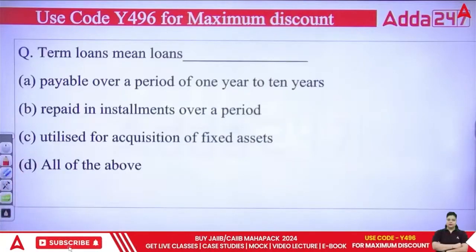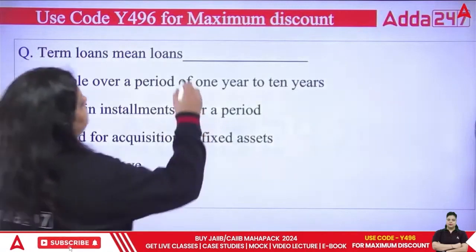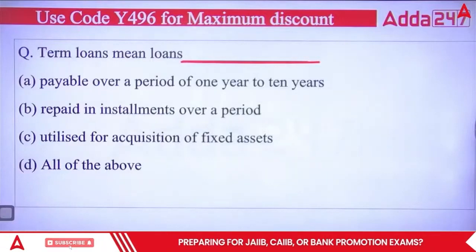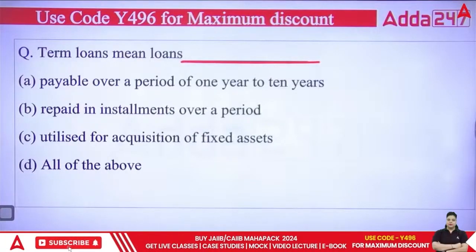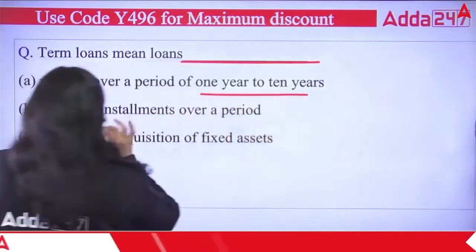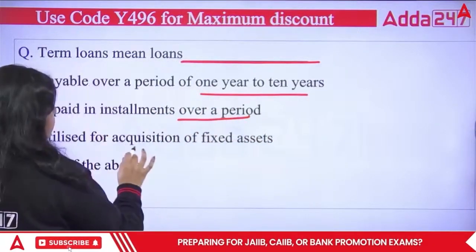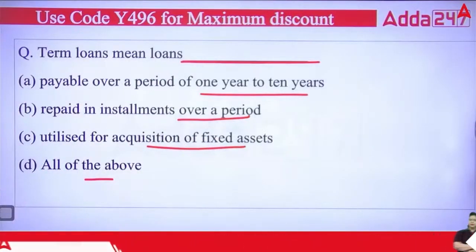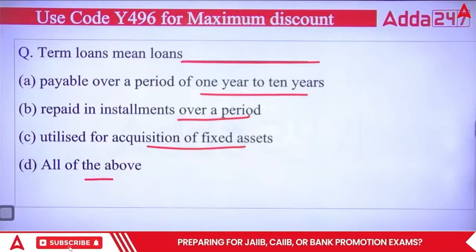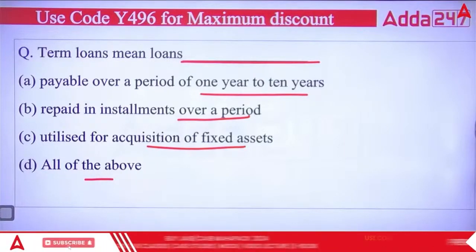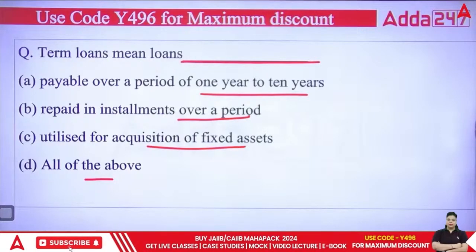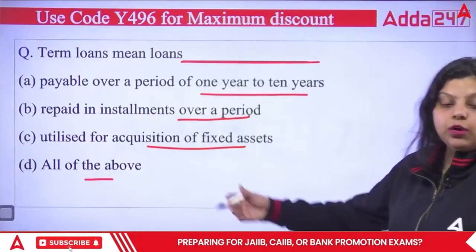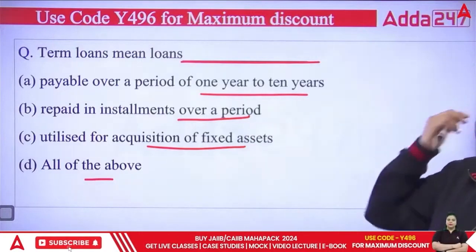Now, next question: term loans means loans dash. What is the meaning of term loan? The first option says payable over a period of 1 year to 10 years; then repaid in installments over a period; utilized for acquisition of fixed assets; and all of the above. Which is correct? If it is a term loan, it will definitely be long term, because it fulfills the long-term requirement of equipment and so on for the company.